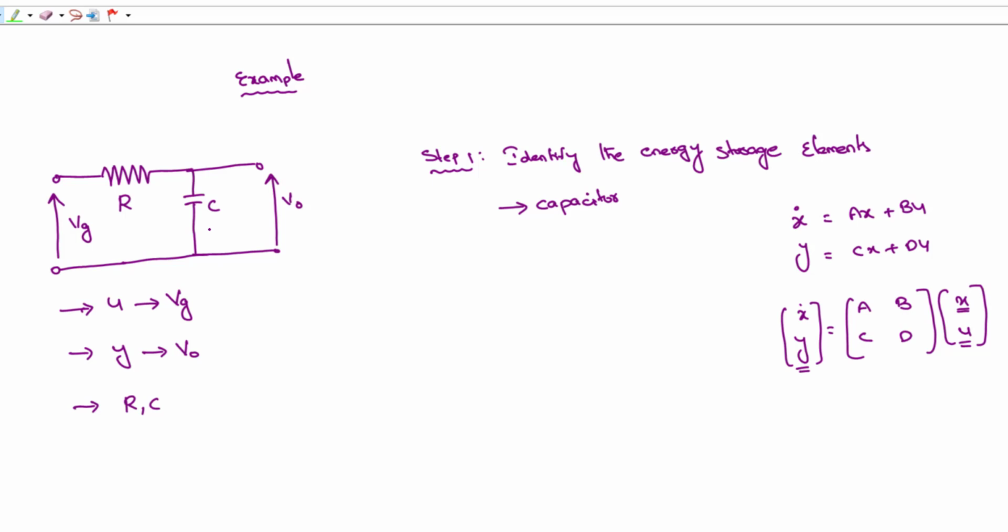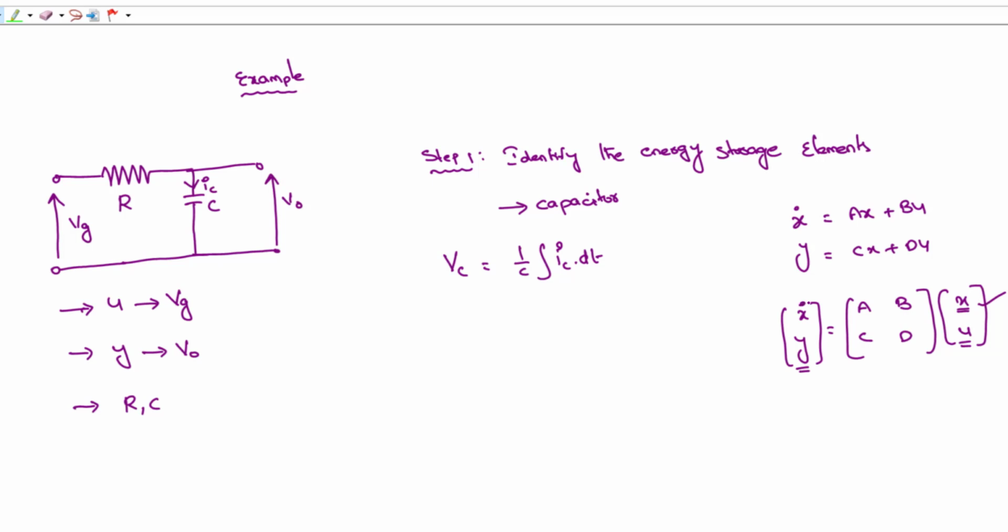In the capacitor, the integral causality is: the voltage across the capacitor is equal to 1 by C integral of IC dt, where IC is the current flowing through the capacitor. So x is the state variable, which means the state variable we should get is Vc.